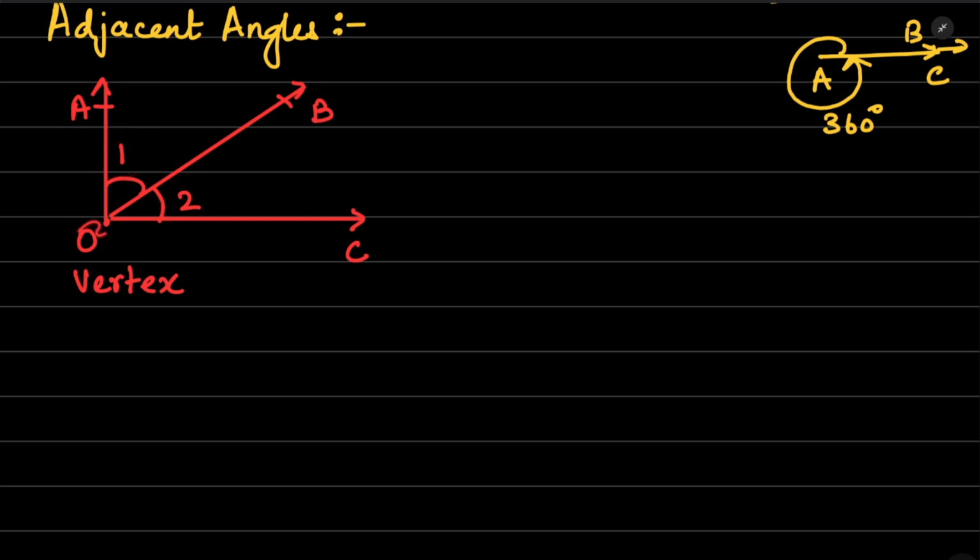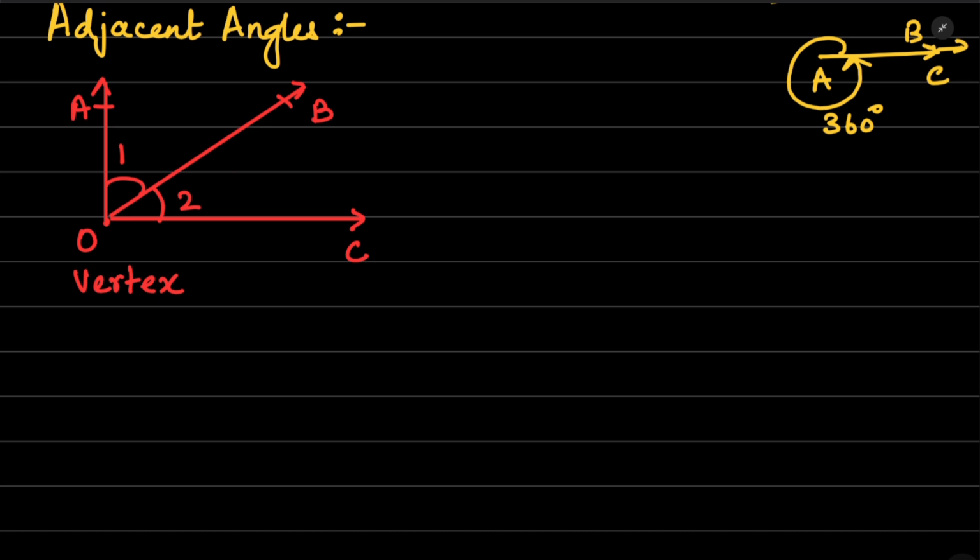They are said to be adjacent if they have a common vertex. Do they have a common vertex? Yes, they do. Angle 1 is formed by OA and OB. Angle 2 is formed by OB and OC, and O is the common vertex. Now for both the angles, you have a common arm. OB is a common arm, and OA and OC are the non-common arms which are on the opposite sides of the common arm.